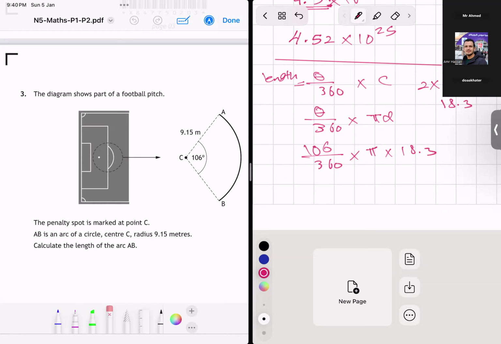Arc length is 16 point, just 17. Yeah, just 17, you meant?